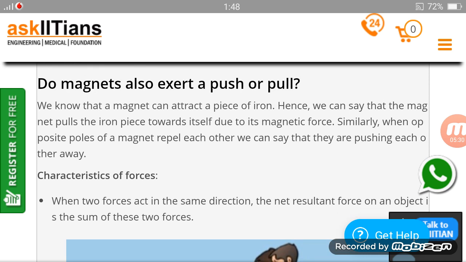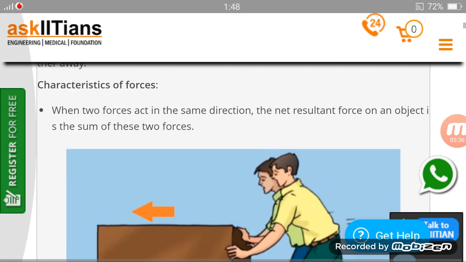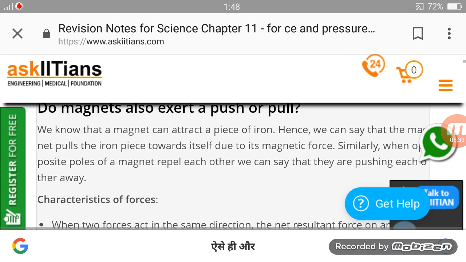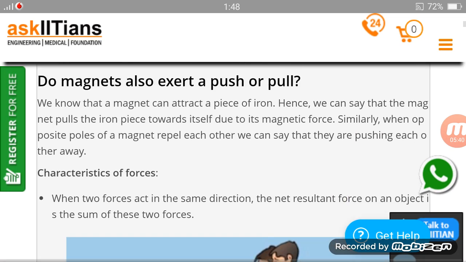Do magnets also exert a push or pull? So a question like this is given here and we will study about it. We know that a magnet can attract a piece of iron, because iron, nickel and cobalt can be attracted by a magnet.